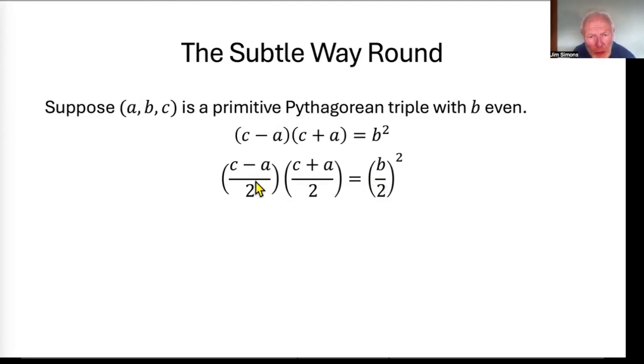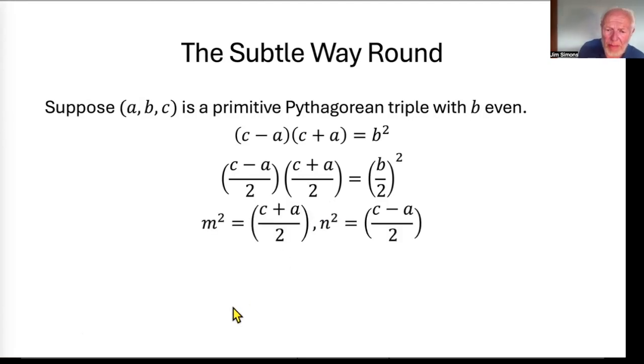These integers are co-prime because if there were any prime, even or odd, that divided them both, it would divide their sum, which is c, and their difference, which is a. So they're co-prime. Their product is a square, so each of them must be a square. So let's call them m squared and n squared.